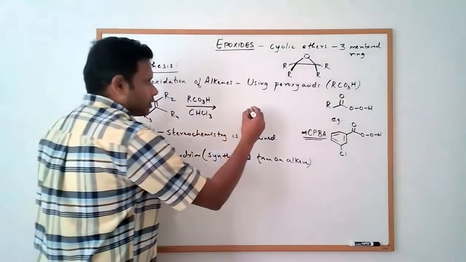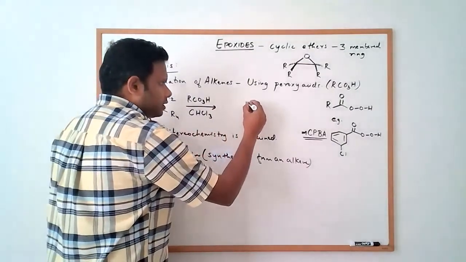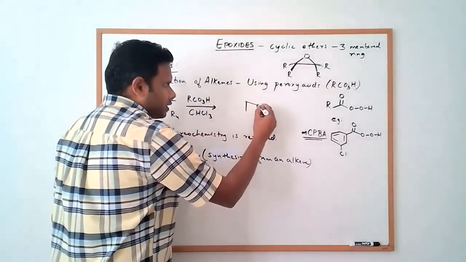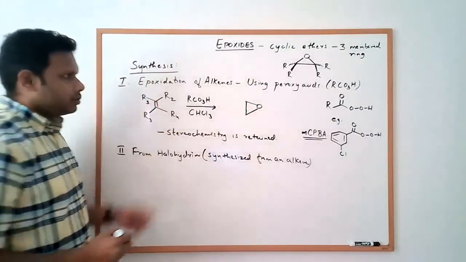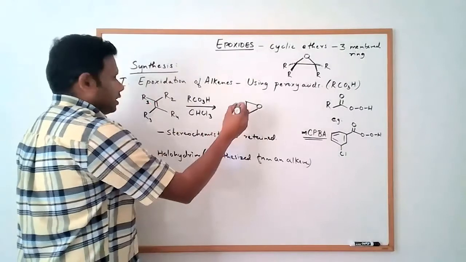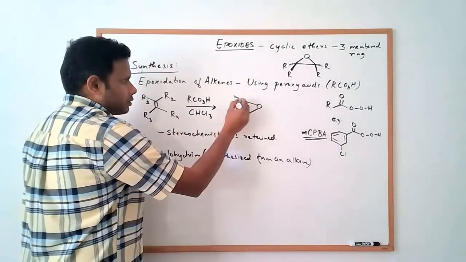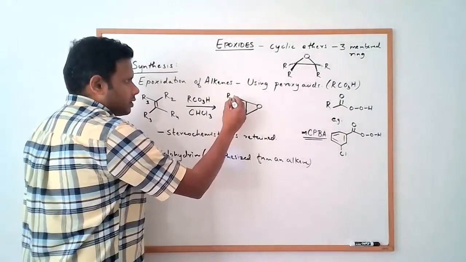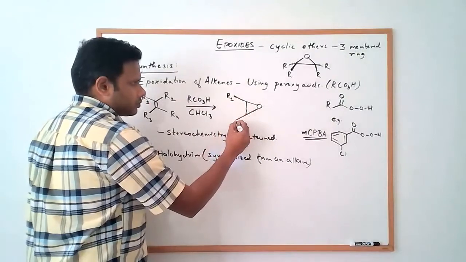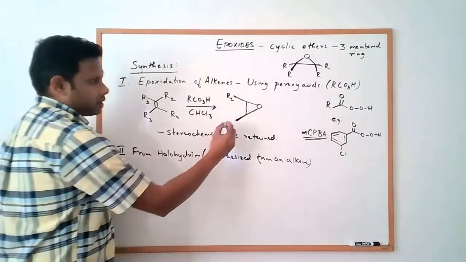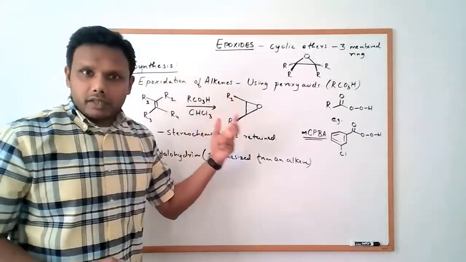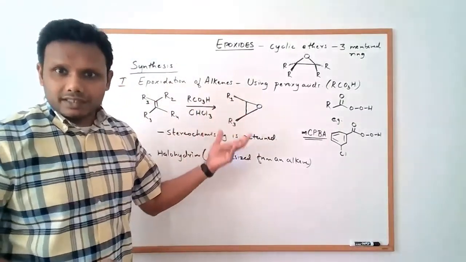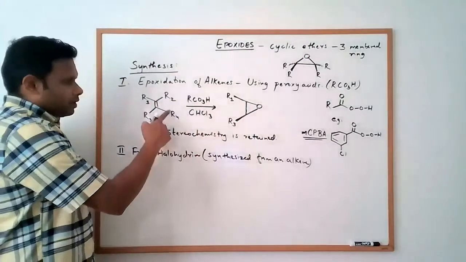For this particular one, we can write the epoxide like this. We have the oxygen added between those two carbon atoms, and on this molecule, R1 is on a wedge, which would mean that R3 is also on a wedge, to imply that they are on the same side. They are syn to each other.